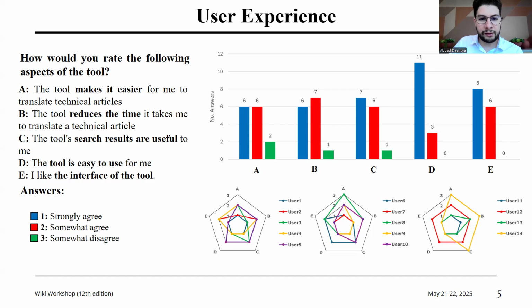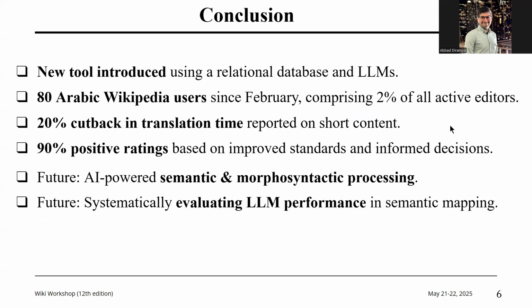We see a little bit of variation in the charts regarding answers to the first three questions compared to the latter two questions, which are more about how easy the tool is to use. So finally, what we have concluded from this experience and what we report here as our findings is that the tool has been adopted by 80 Arabic Wikipedia users, which is actually 2% of the entire active user base of Arabic Wikipedia.